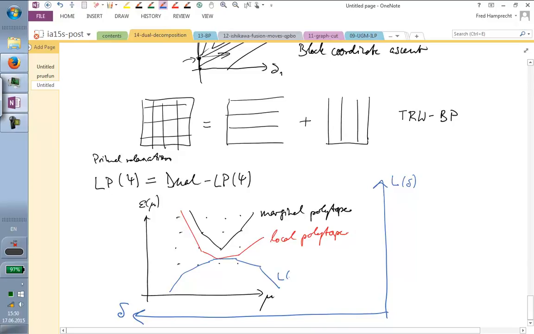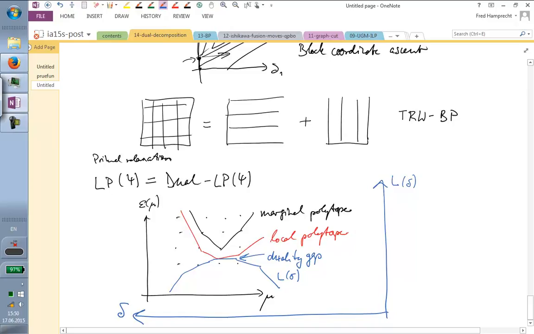This was the function L of delta. And for the particular decomposition that we chose here, there is no space between the red and the blue line. So the duality gap for this particular decomposition is 0.